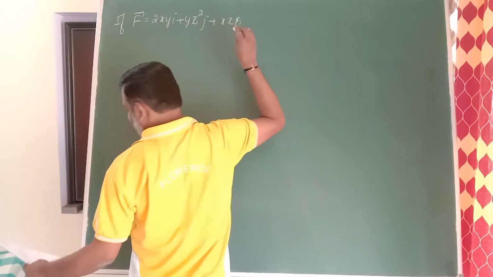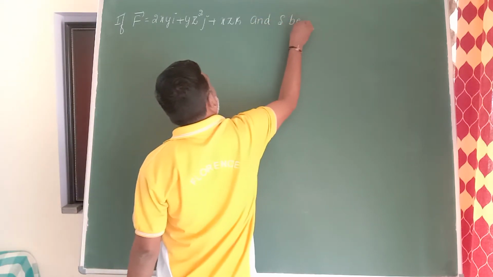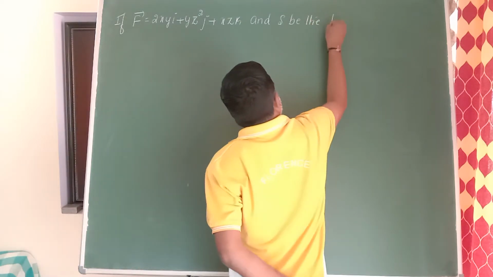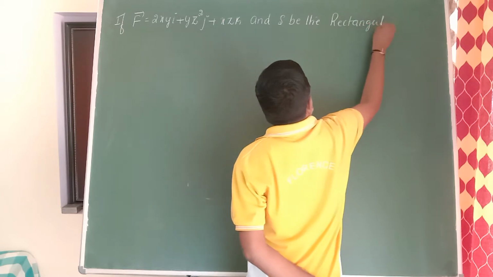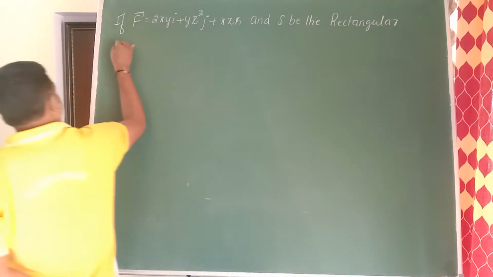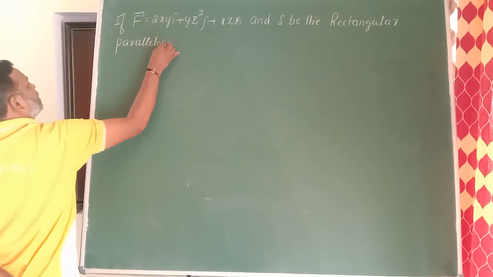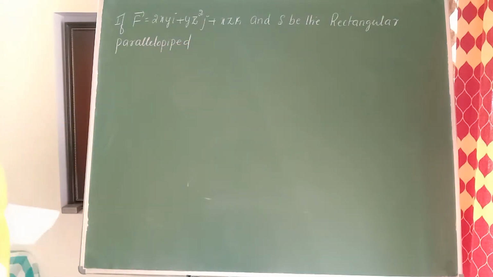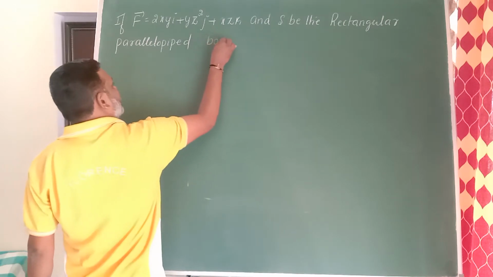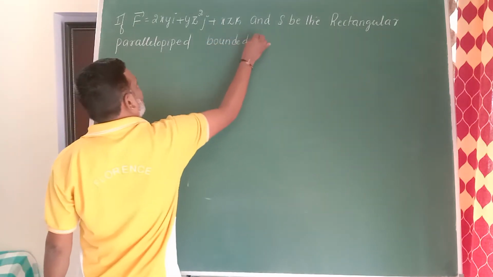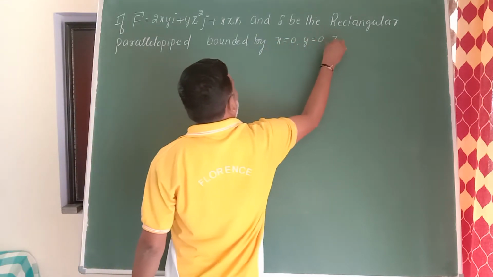and S is the rectangular parallelepiped bounded by, very easy thing, the boundary conditions they have given: x is equal to 0, y is equal to 0, z is equal to 0.